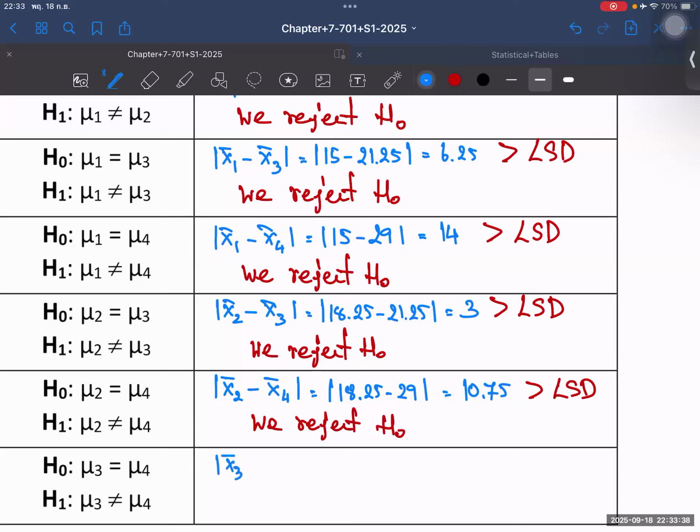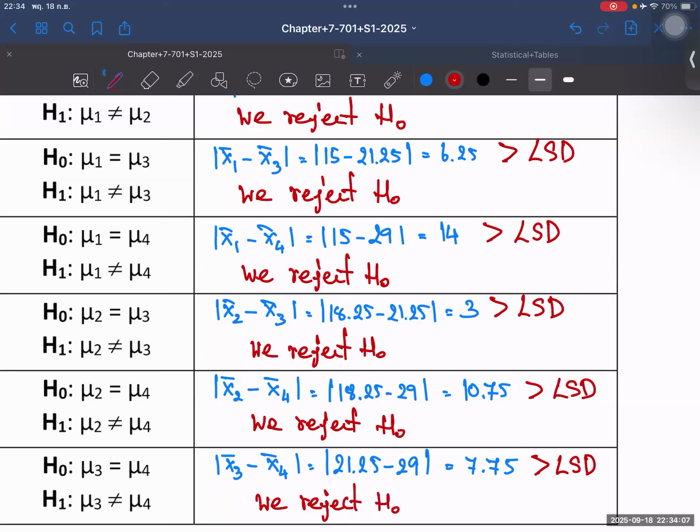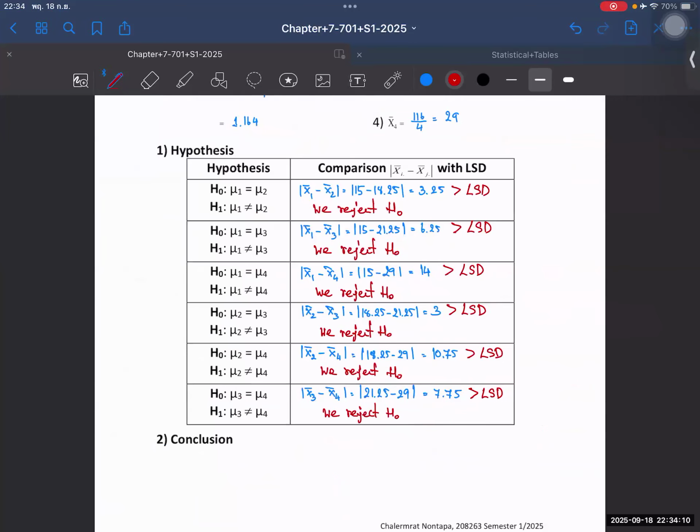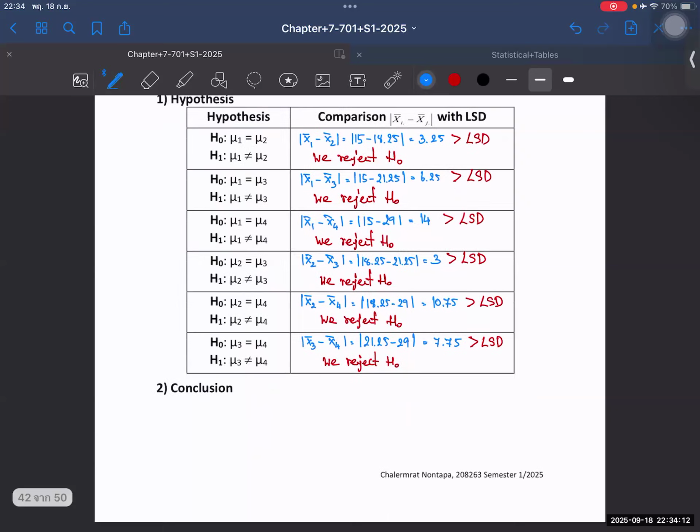So it's x bar 3 minus x bar 4 is equal to, so is 7.75, so is greater than the LSD. So we reject H0. Okay, the last one.